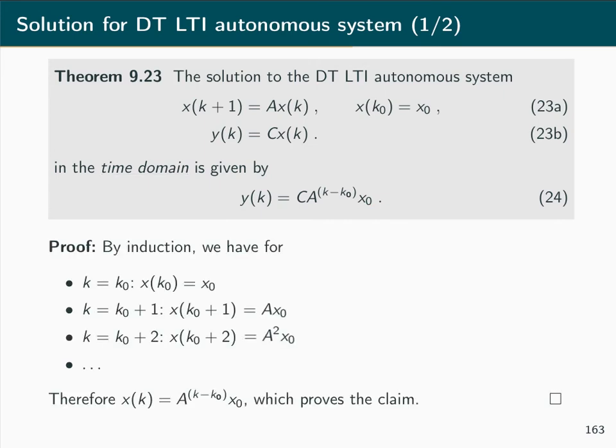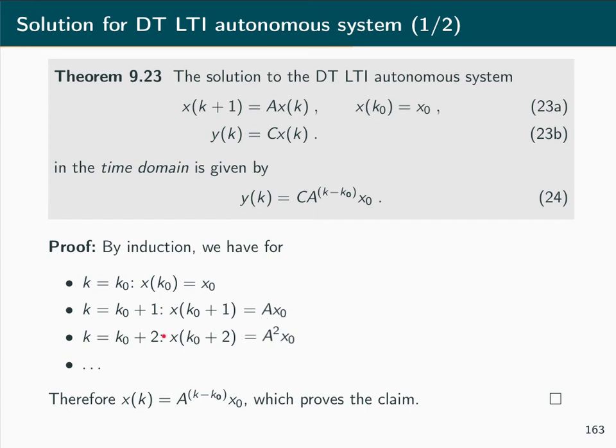The proof of this result is fairly obvious. Note that we have x of k naught is equal to x naught by the given initial condition. And then to get to x of k naught plus 1, we have to multiply x of k naught by the matrix A. So we get here A times x naught.